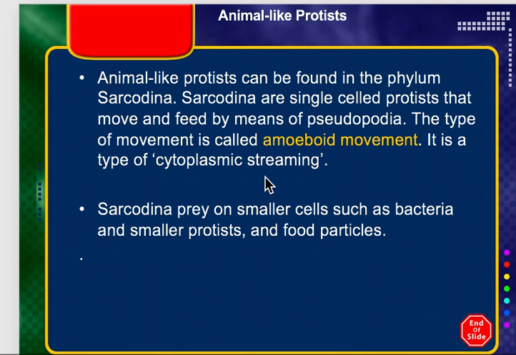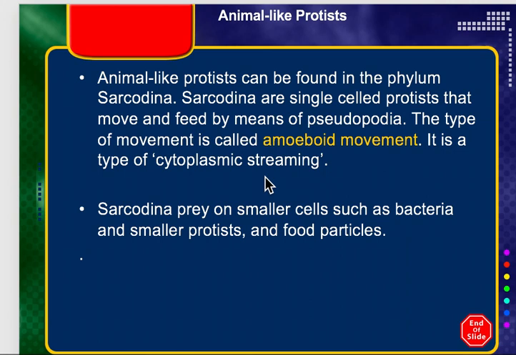The only single-celled protists in this phylum are all eukaryotic. We don't have any prokaryotic organisms, so everything we talk about, whether it's single-celled or multicellular, is going to have a nucleus and membrane-bound organelles.